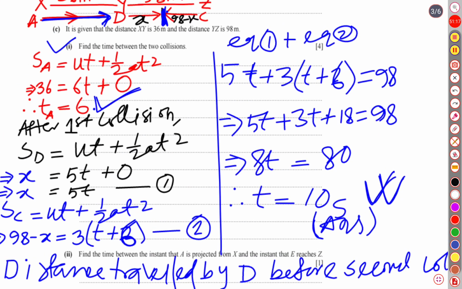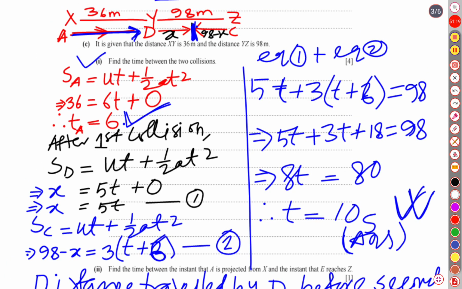Look at this, the total distance was how much? It was 98 from D to C, which finally has become E. So this X is equal to 5t. This is the distance traveled by D before the second collision, so 5t, and it traveled for 10 seconds.